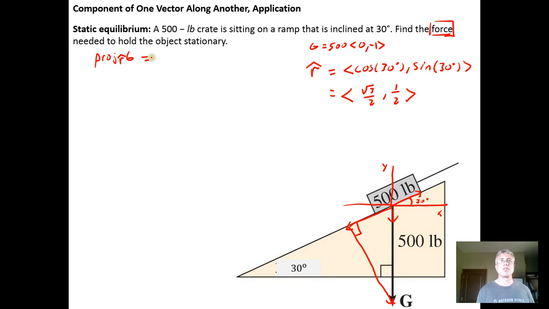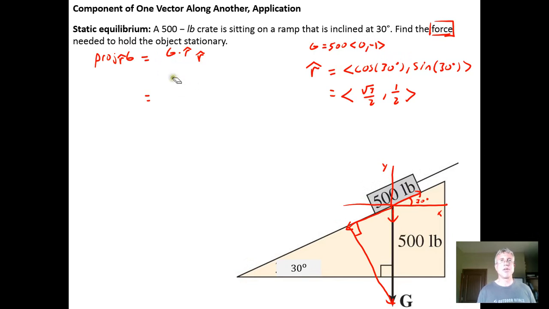This projection of G onto r hat is given by G dot r hat divided by the size of r hat squared, times r hat to make it a vector, because the first piece is a scalar. Because r hat is on the unit circle, it has length 1, so the denominator is just 1 squared.